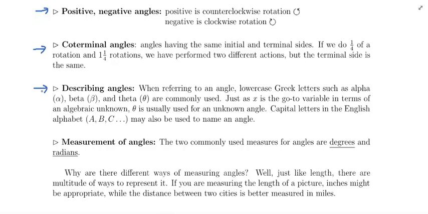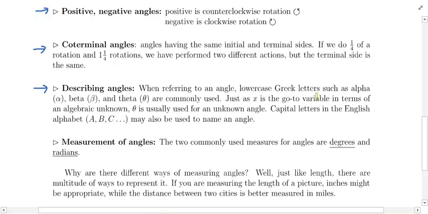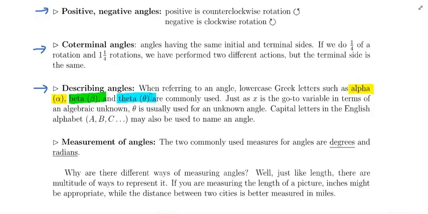That doesn't mean you need to go out and learn the Greek alphabet. You just need to be aware of the common symbols you might see. So here's the symbol for alpha, and here's the symbol for beta, and then the most popular one is going to be theta, so that's its symbol. If you see these Greek letters, they're usually referring to an angle, but you may also see an angle designated by good old A, B, and C from the English alphabet, just capital letters.